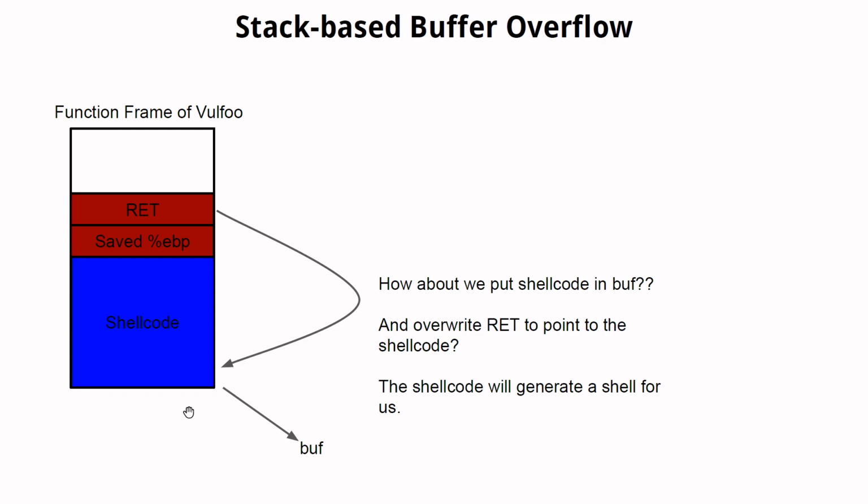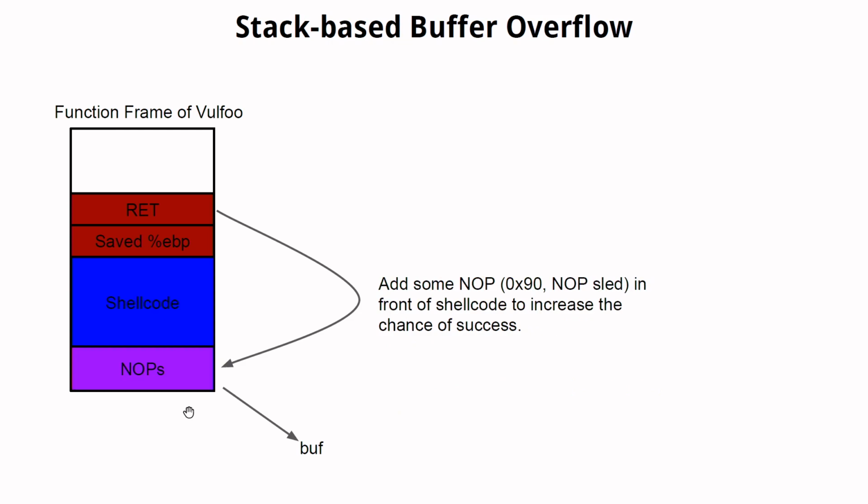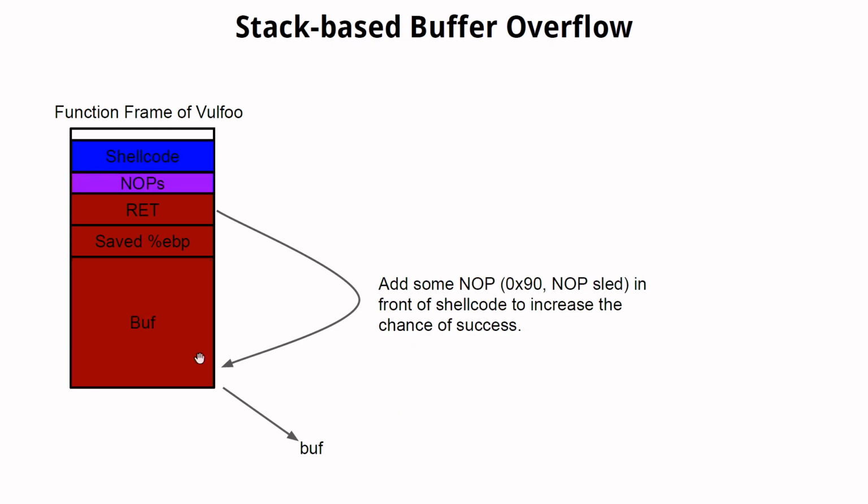For the Overflow example you just saw, we actually can put shellcode at the beginning of the buffer. We used to put garbage there, right? We didn't care what we put there. We can actually put shellcode there, as long as the size is big enough. Or we can put shellcode at a higher address as well.